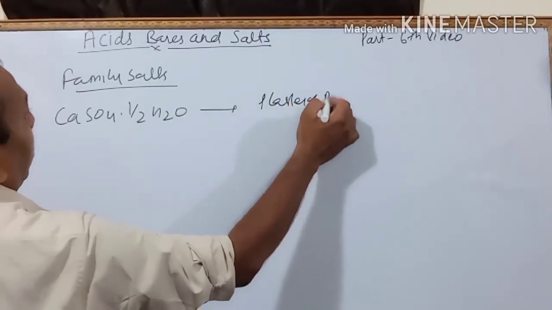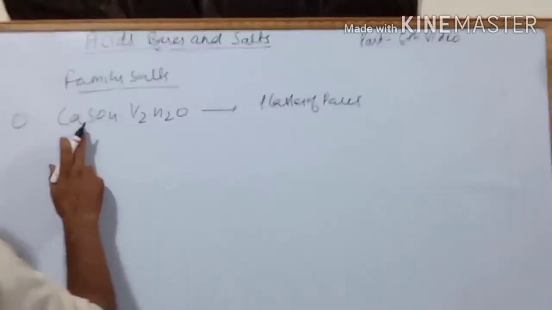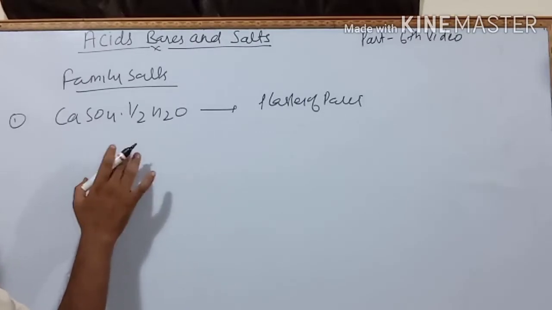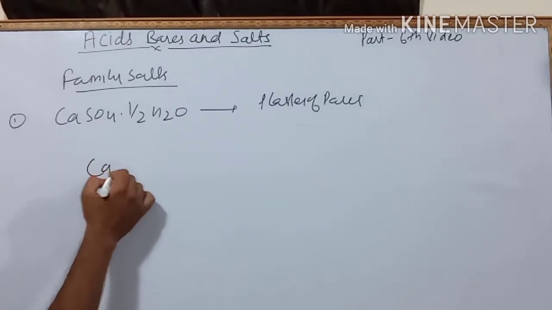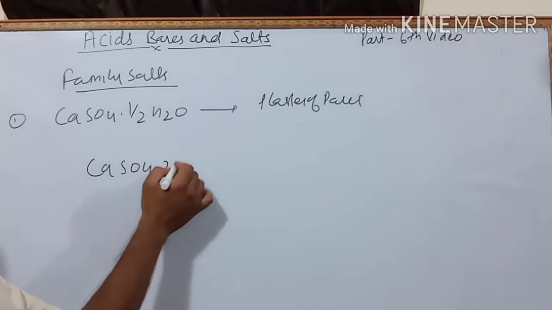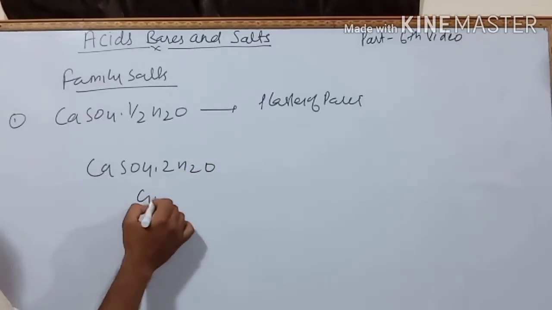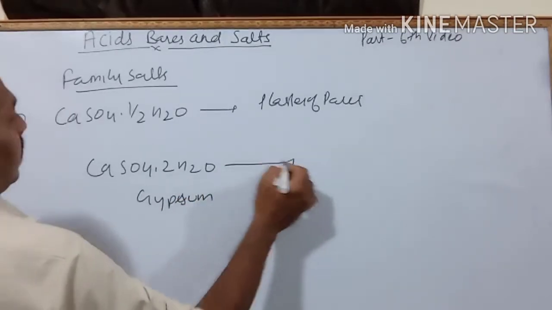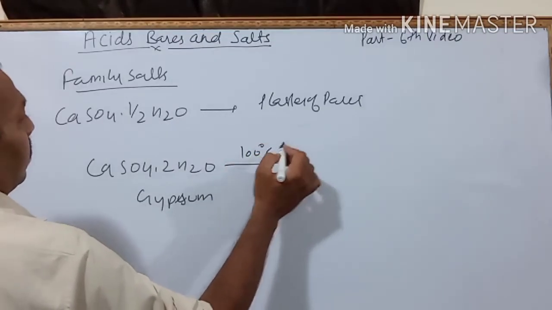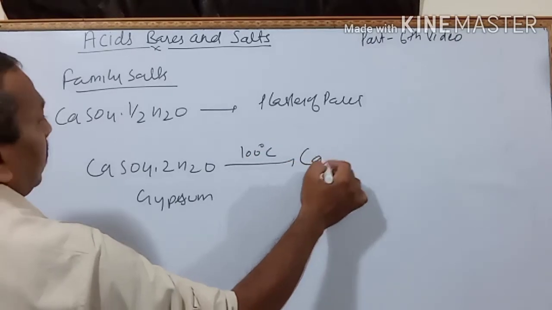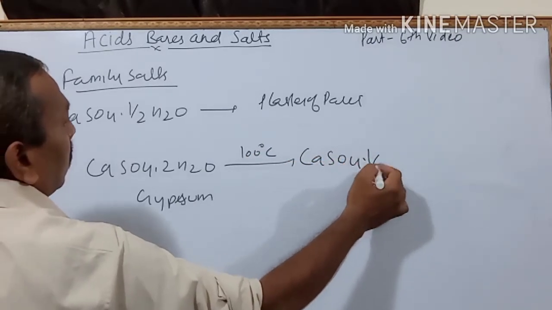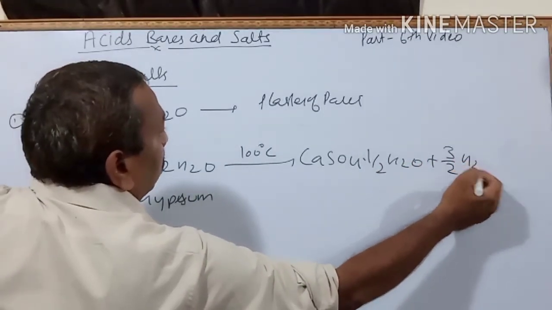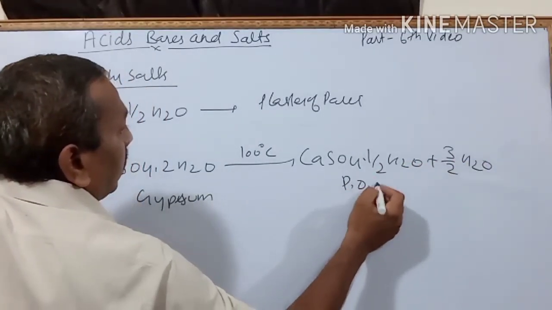Calcium sulfate hemihydrate is the chemical name. How can we prepare it? It can be obtained from gypsum, CaSO4·2H2O. Gypsum, heated at 100 degrees Celsius, will form CaSO4·½H2O plus 3/2 H2O. So here it is POP.